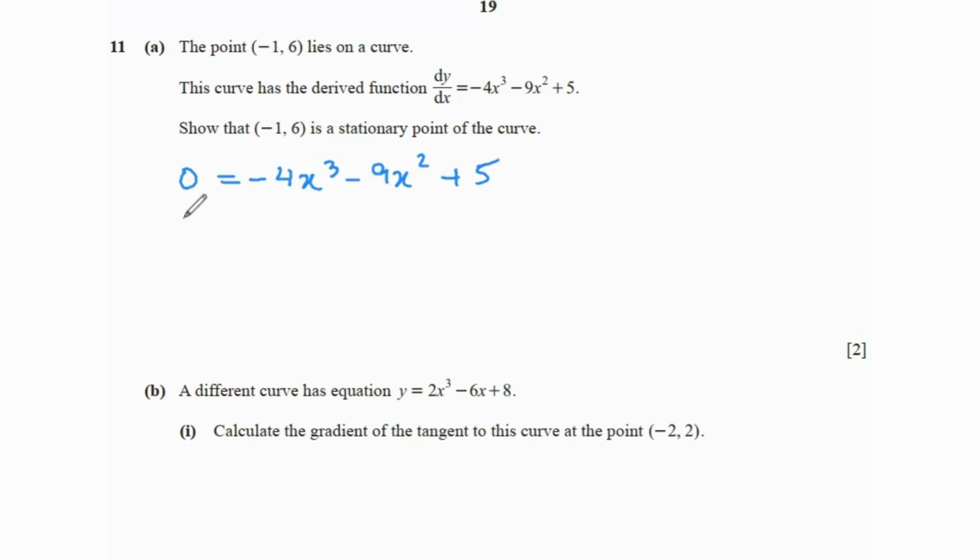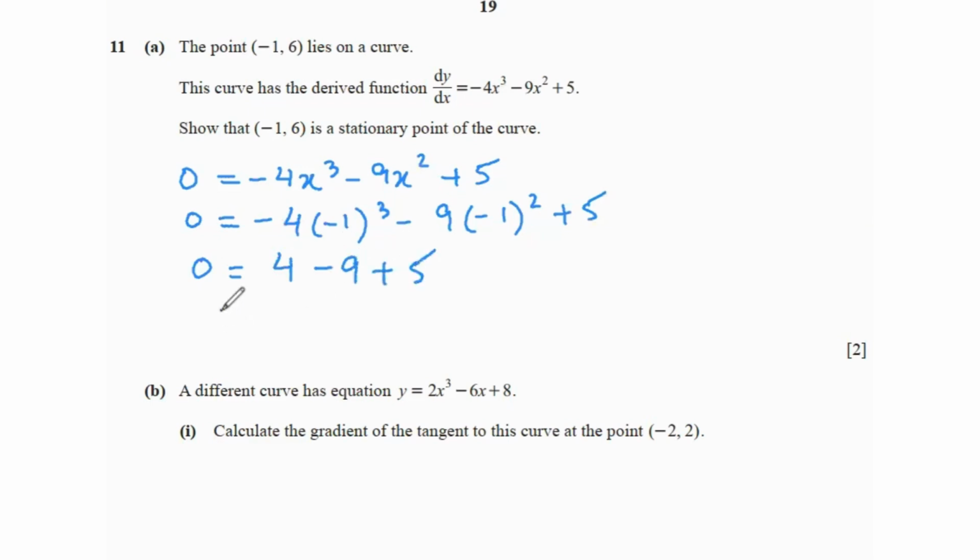I'm going to substitute x = -1 and see if both sides equal 0. So -4 times (-1) cubed minus 9 times (-1) squared plus 5 is 4 - 9 + 5. As you can see, both sides equal 0, which means (-1, 6) is a stationary point of the curve, because when you substitute x = -1 in the first derivative, that gives us 0.